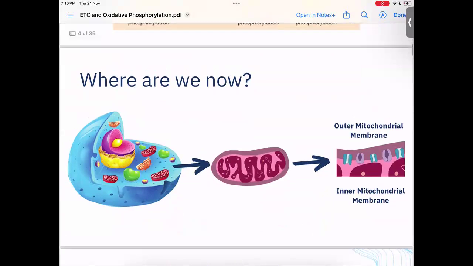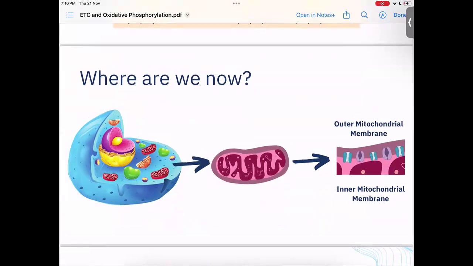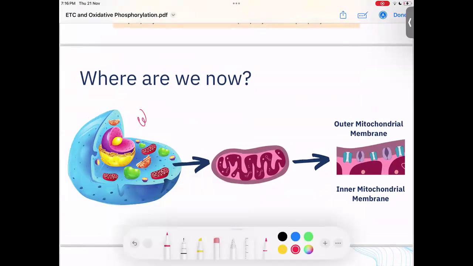Basically, we're in the space known as the intermembrane space. It comes between the inner mitochondrial membrane, which is this membrane over here, and the outer mitochondrial membrane. This area in between, we call the intermembrane space. This is our focus point for today's lecture.